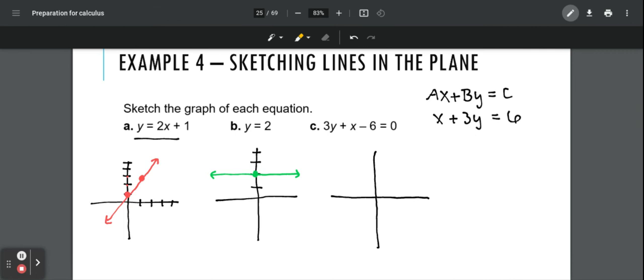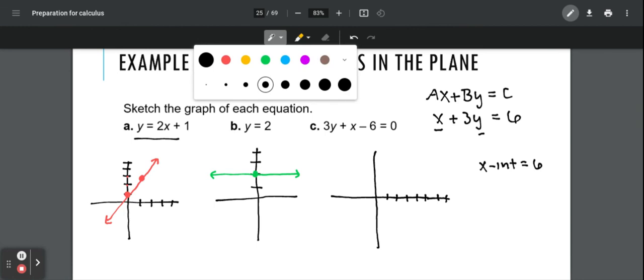If we were graphing our x-intercept, we would plug a 0 in for y. So if you were to plug a 0 in for y, you find out that your x-intercept is 6. So on your x-axis, you're going to plot a point at 6.